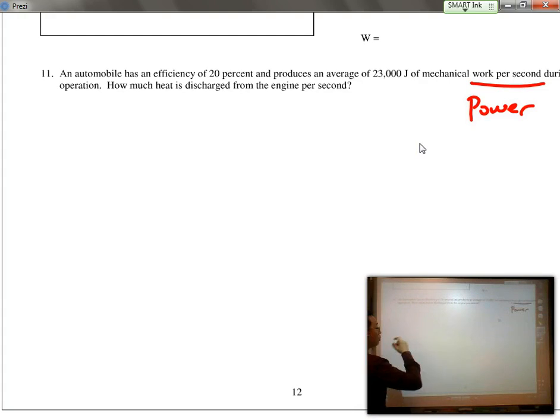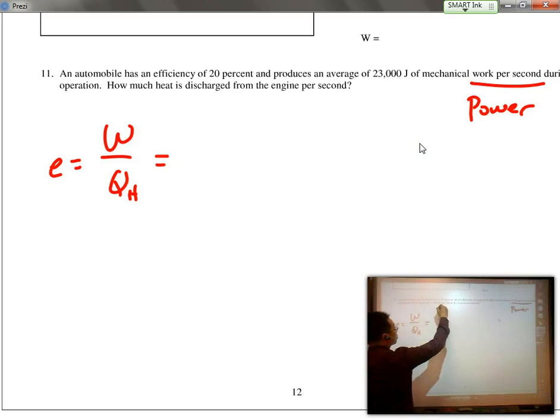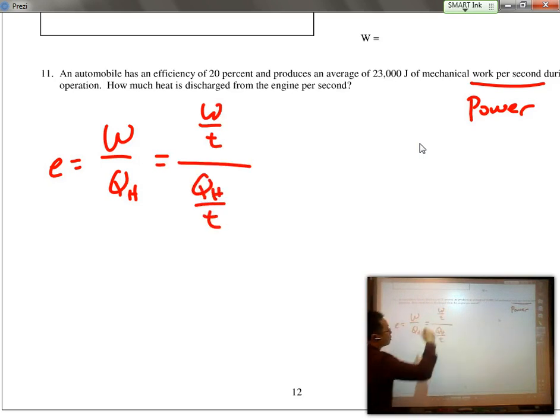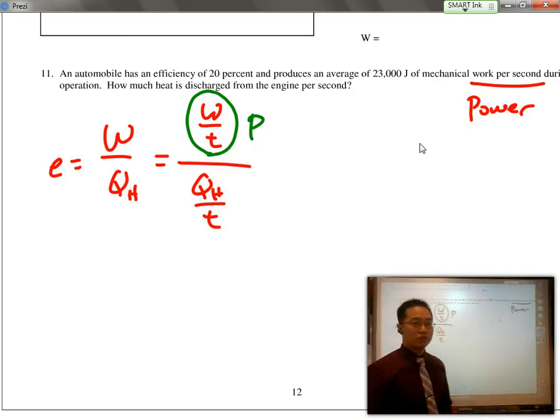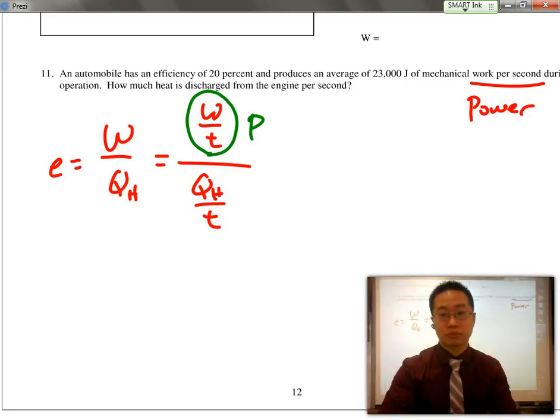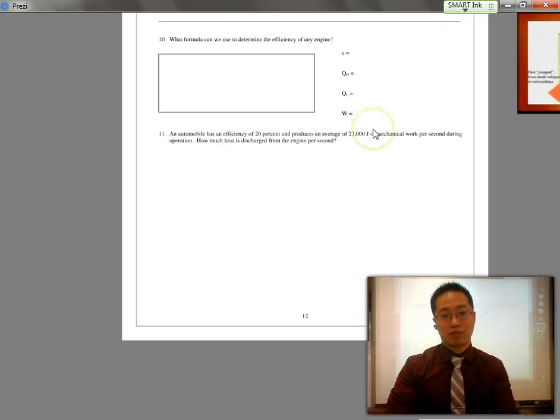So what I could have written also was efficiency is equal to work over QH, but it's also equal to work over time divided by QH over T. So when we talk about work per second versus heat input per second, sometimes rather than using work over time, they're going to simply write that as the power done. And when we do some AP questions later, we'll see how it can be substituted in. But it still ends up being the same exact formula.